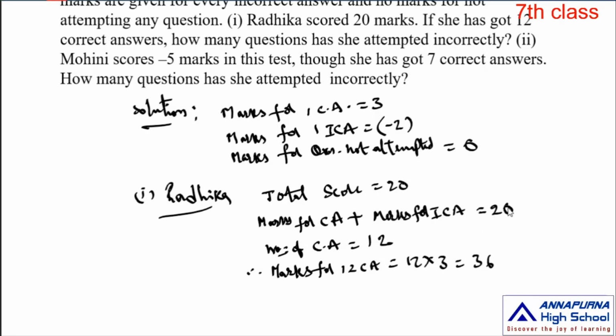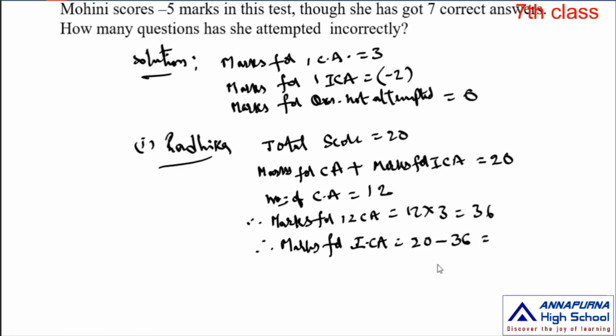So total score is 20. To find the marks for incorrect answers, we have to subtract this 36 from total score. Therefore marks for incorrect answers is equal to total score 20 minus marks for 12 correct answers, 36, as we know.